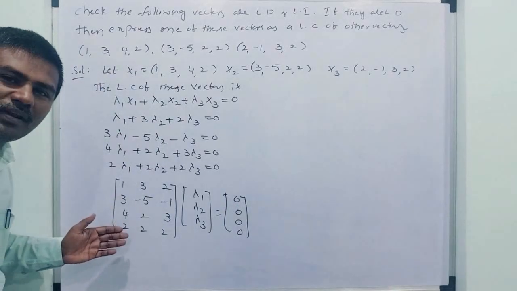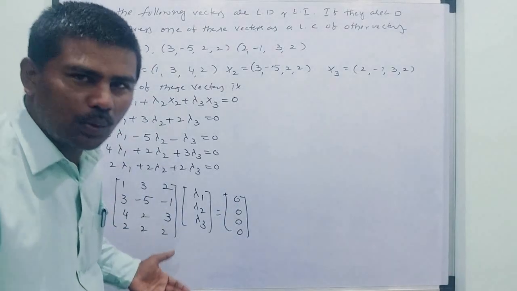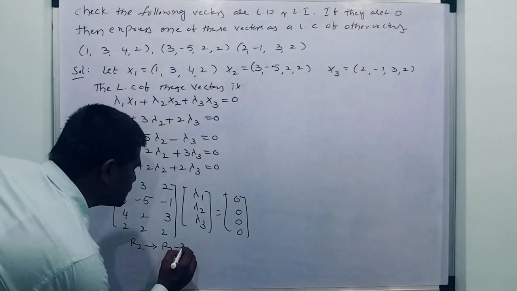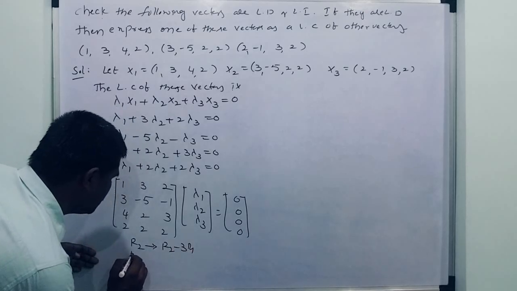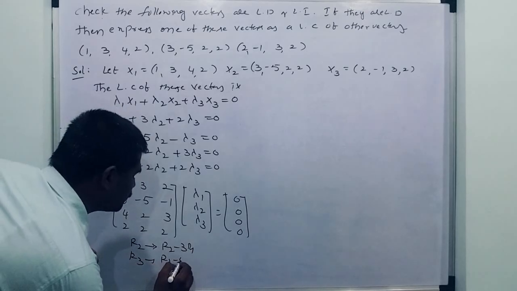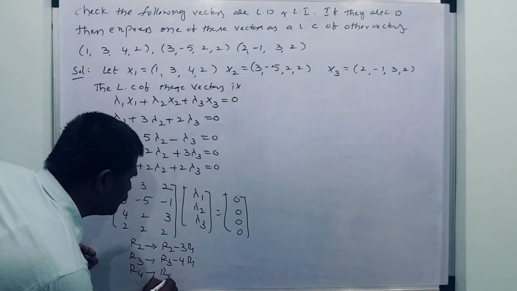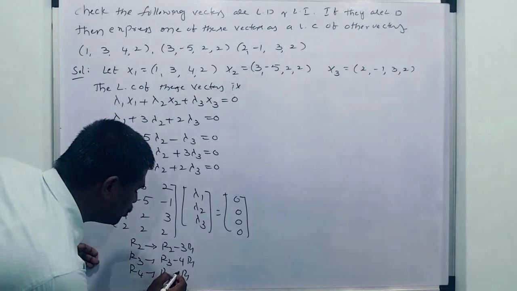Now let us reduce this into echelon form by applying elementary row operations, so that R2 tends to R2 minus 3R1, R3 tends to R3 minus 4R1, and R4 tends to R4 minus 2R1.